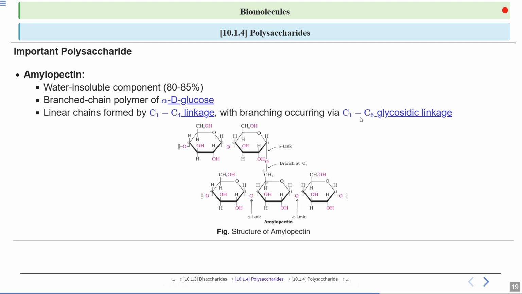If we look at the structure, this is the C1 and C4 linkage, and you will see the branching occurs at C1 and C6, which is the glycosidic linkage. So this is the structure of amylopectin. Remember C1 C4 linkage and C1 C6 glycosidic linkage. This is the alpha link and this is the branch at C6.